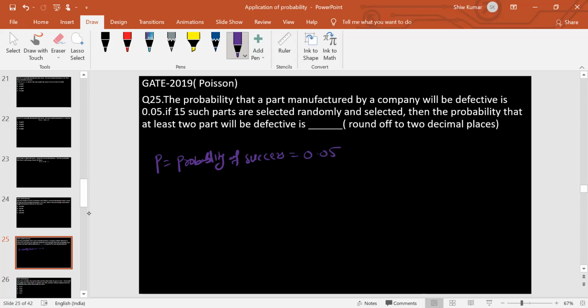If 15 such parts are selected at random, then what is the probability that at least 2 parts will be defective?